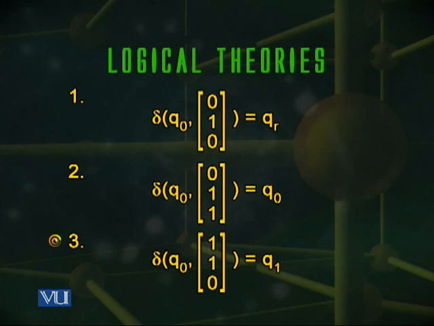In this case, as you can see, the first two bits do add up to the last bit. However, there's a carry. So the machine changes its state and goes to Q1 because 1 plus 1 is 0. So the z has the correct bit, but there is a carry. So the machine goes into state Q1.